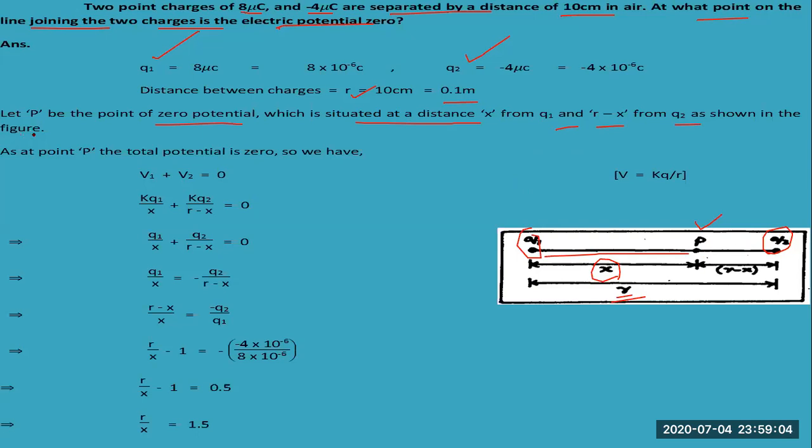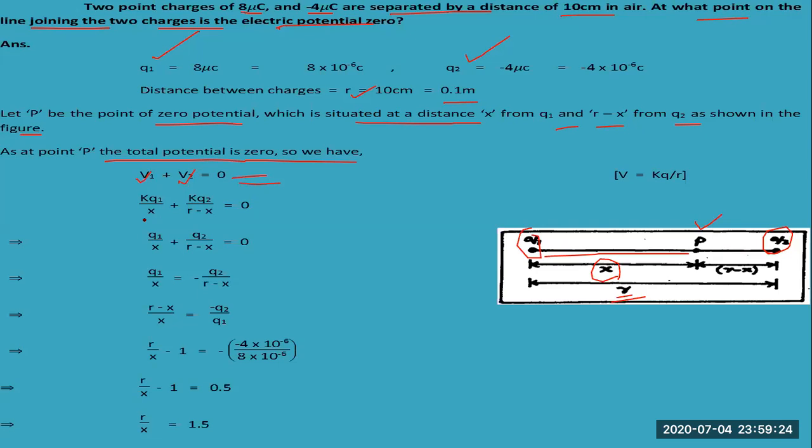So at point P, the total potential will be zero. So we have to consider the distance of Q1 from point P and the distance of Q2 from this point. So here is the potential V1 and V2, and V1 plus V2 must be equal to 0.